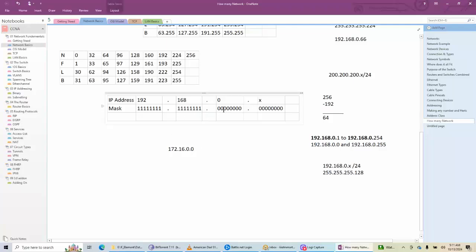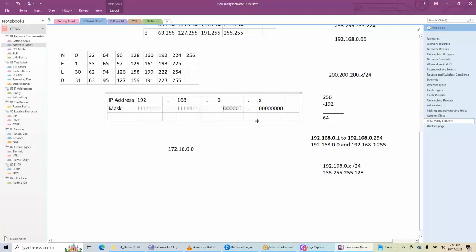So that means we're going to borrow 2 bits here. Wherever you are borrowing the bits from, that's where you do your subnetting as far as the numbers changing in the actual octet. Since we're starting to borrow our bits in the third octet, the third octet of our IP address is where our numbers are going to change.